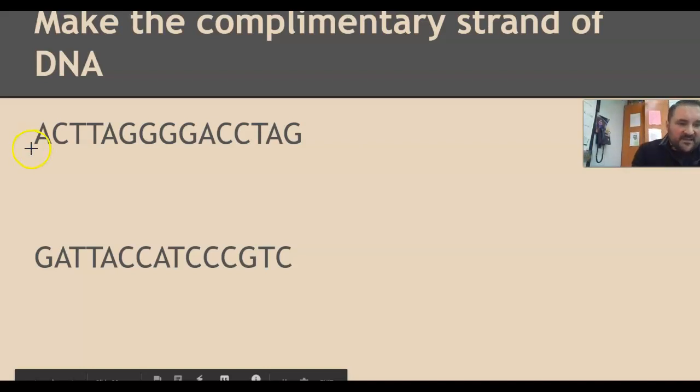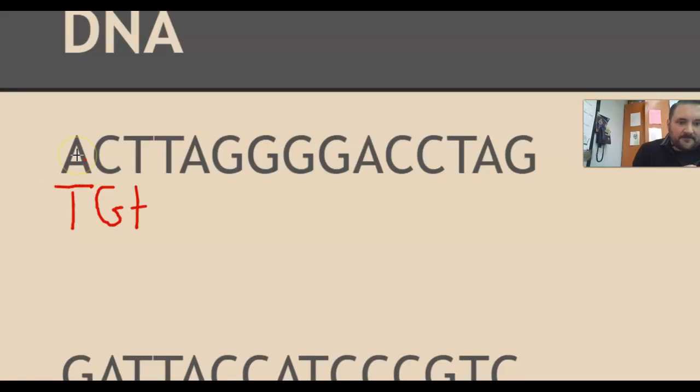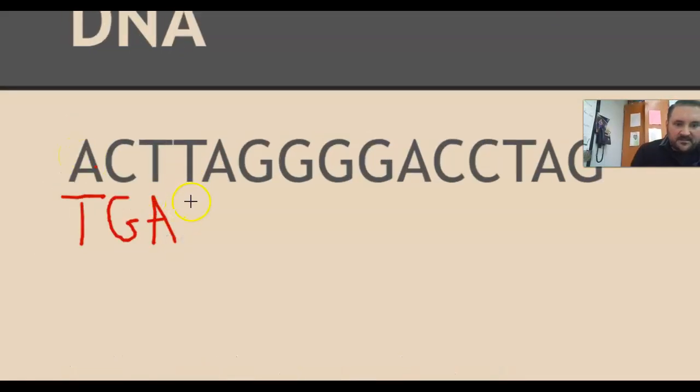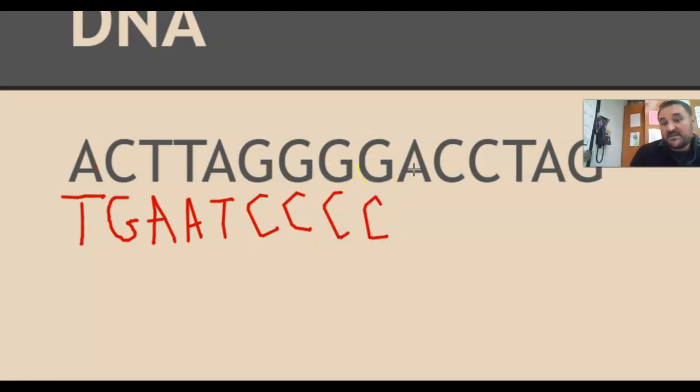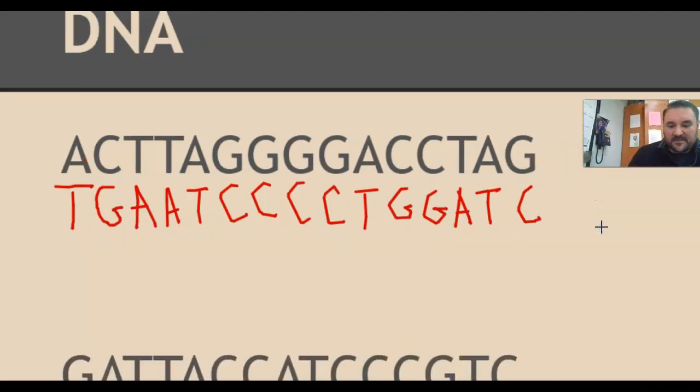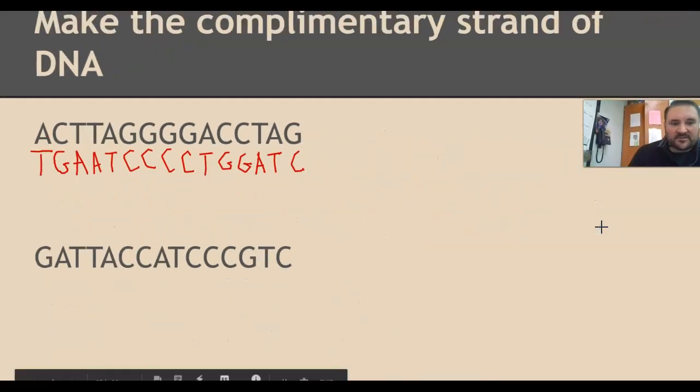So if we have an A there, the other side has to be a T. C goes with G. T, A, T, A, T, G, C, G, C, G, C, G, C, A, T, C goes to G, C, G, T to A to T, G to C. That is making a complementary strand of DNA.